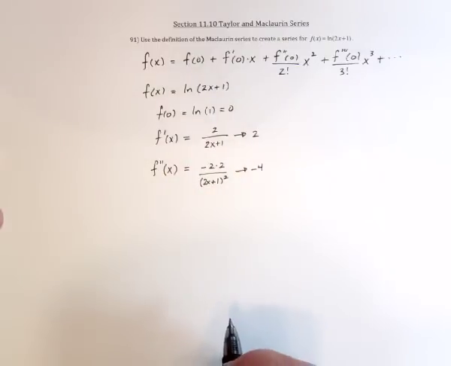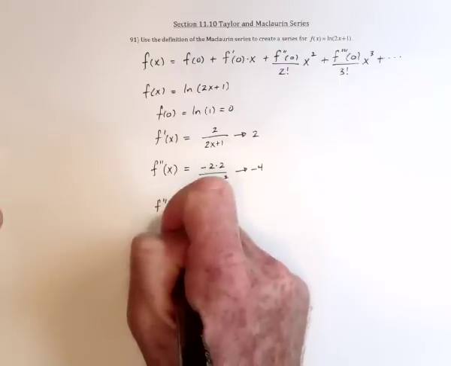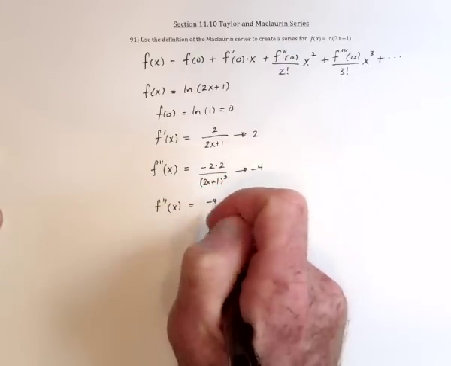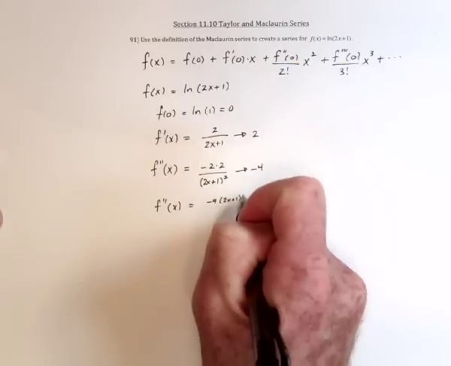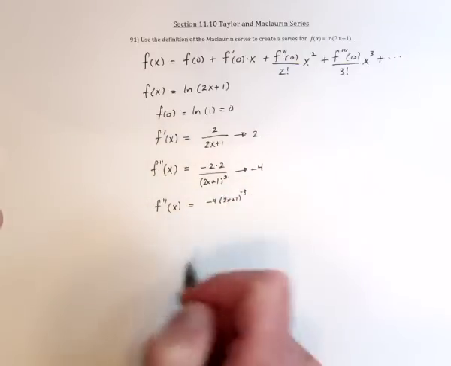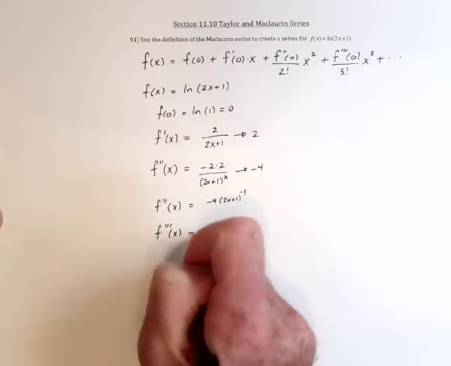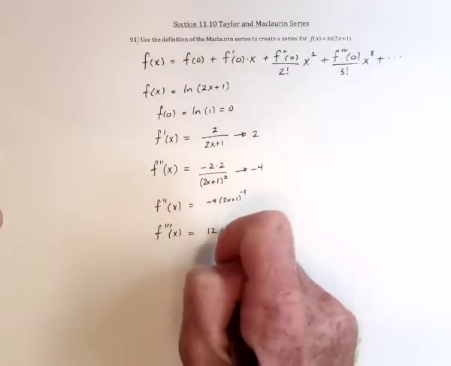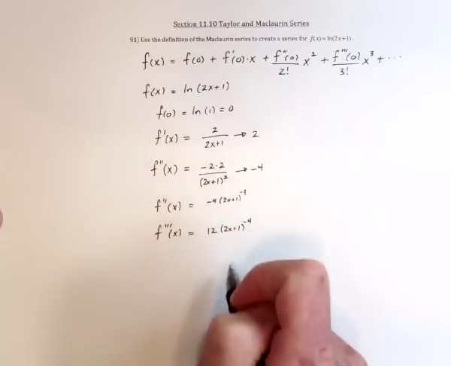So let's see, for the third derivative, I could rewrite the second derivative as negative 4, and then 2x plus 1 is to the negative 3. So the third derivative will then be a positive 12, and 2x plus 1 is now to the negative 4.